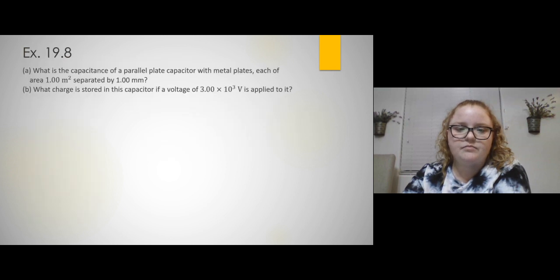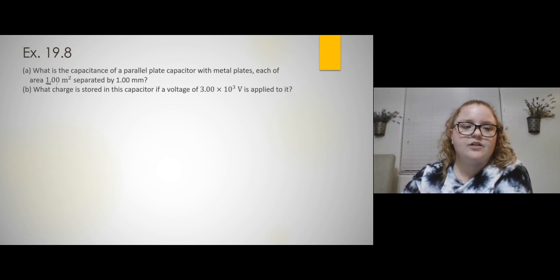Okay, so let's go ahead and do that. What is the capacitance of a parallel plate capacitor with metal plates, each of area 1 meter squared, separated by a distance of 1 millimeter?